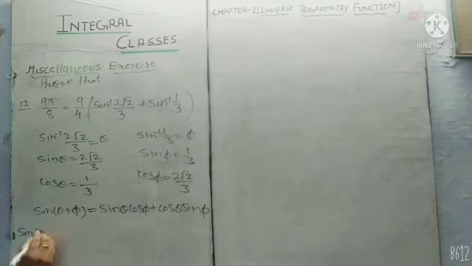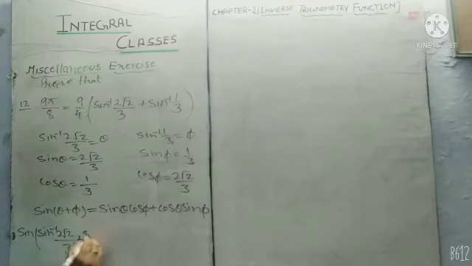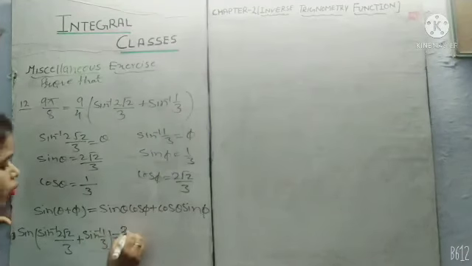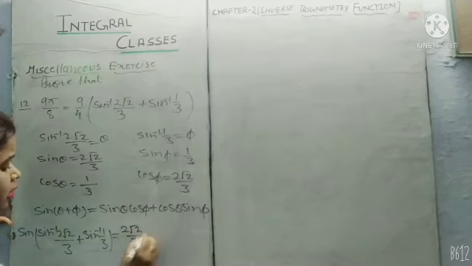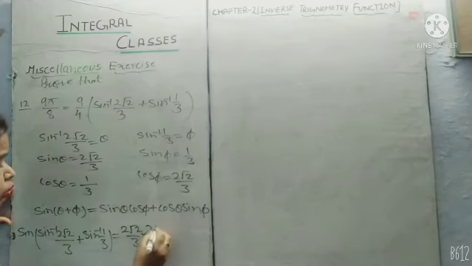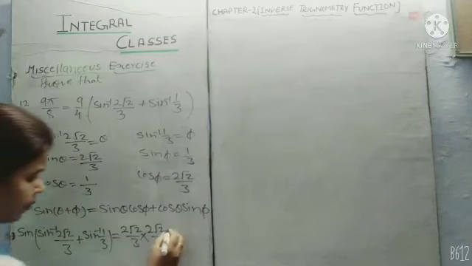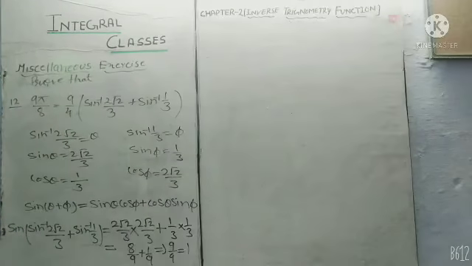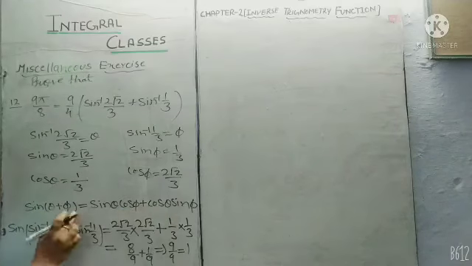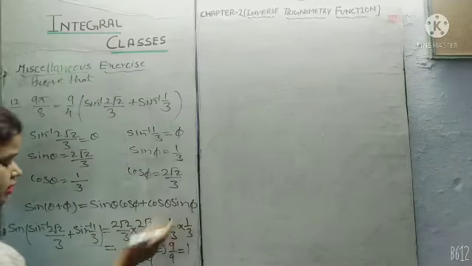Theta equal to what? Sin inverse 2 root 2 by 3 plus sin inverse 1 by 3 equal to sin theta equal to 2 root 2 by 3, cos phi equal to 2 root 2 by 3, plus, now we will put all the values of theta and phi in sin theta cos phi plus cos theta sin phi.